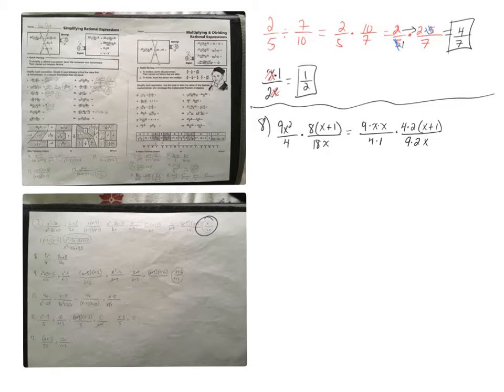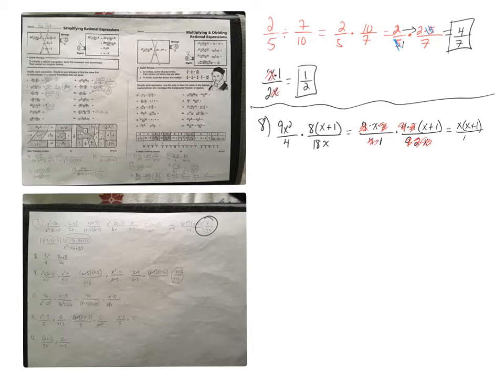And now we just start picking off things that are common factors. So we can pick off this 9 with this 9, that 2 with that 2, this x with this x, this 4 with this 4, and sure enough, the only thing we have left in the numerator is an x and an x plus 1, and in the denominator we have simply a 1.